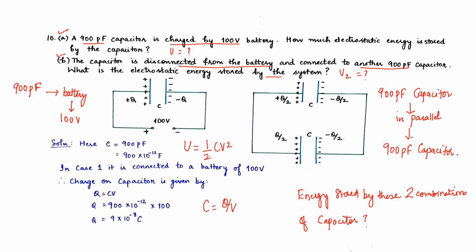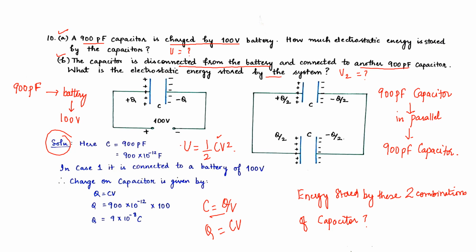Like in case we want to find the value of C, by interchanging U, V and C we can find the value of C. Similarly here, in case we want to find the charge, Q will be equals to C into V. So we will see the solution, how we will be dealing with such a problem.